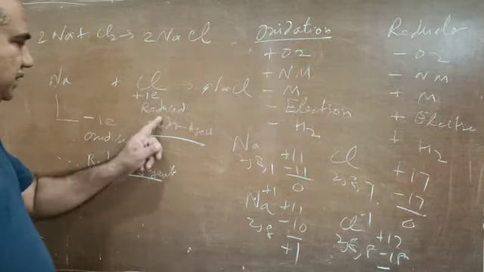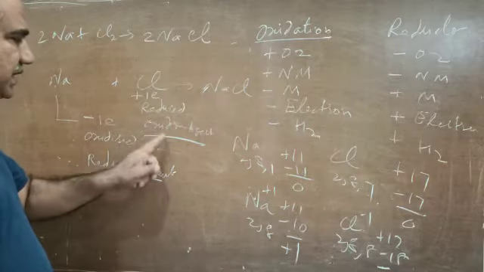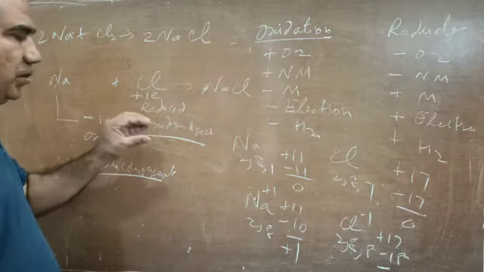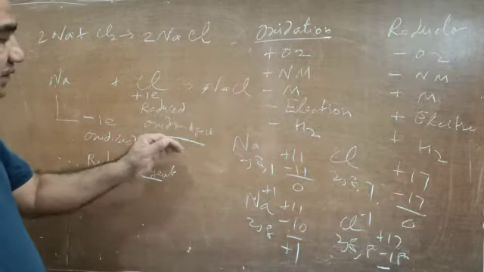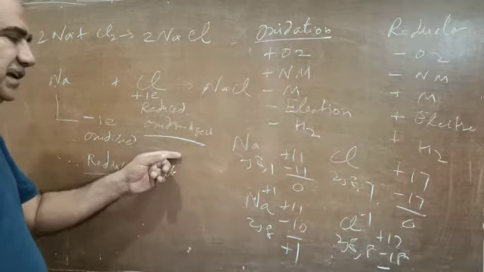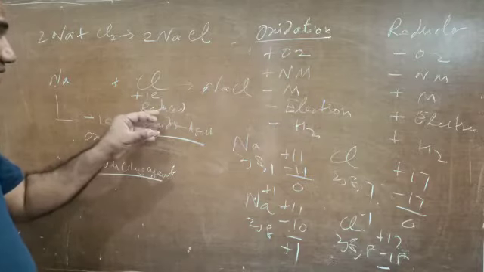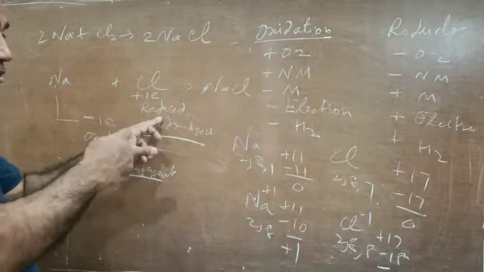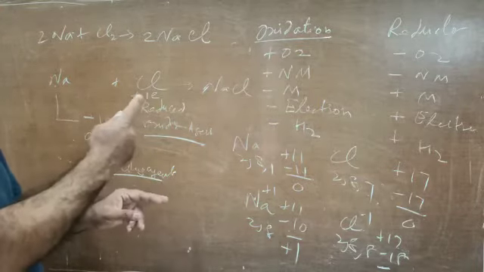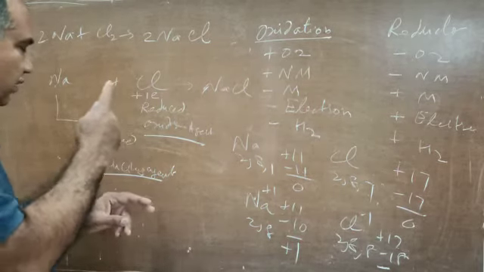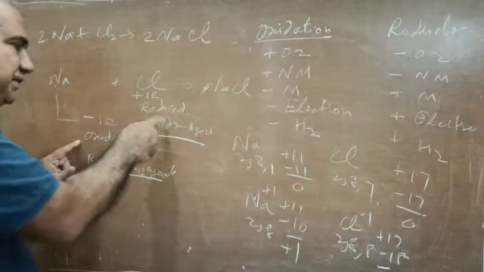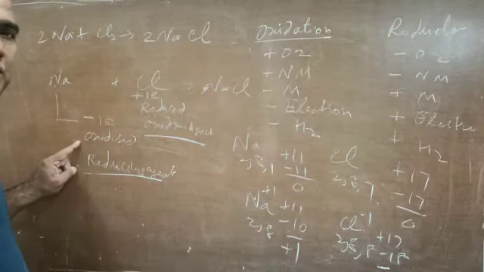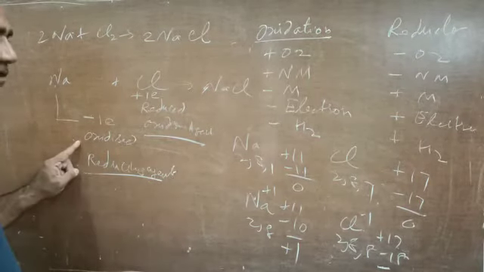So this is the reducing agent, this is the oxidizing agent. Chlorine has gained an electron which was lost by sodium, and losing an electron was oxidation. So chlorine is the reason oxidation of sodium has been possible, so it is the oxidizing agent.